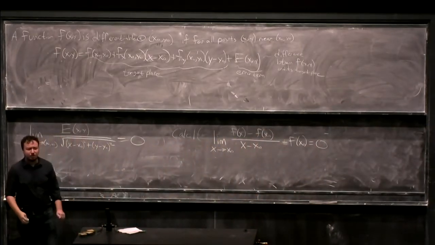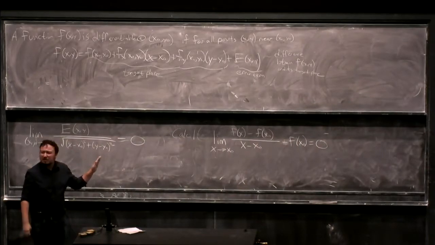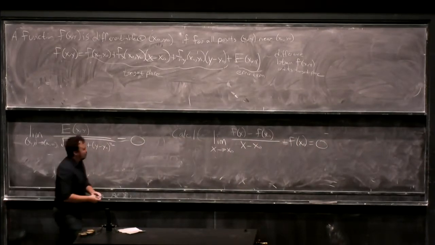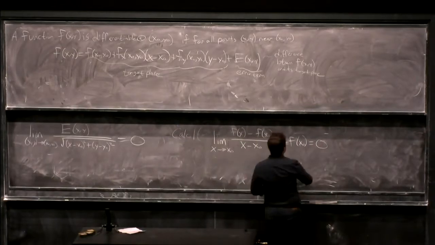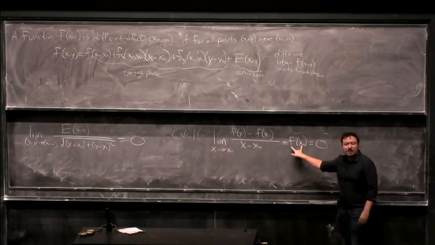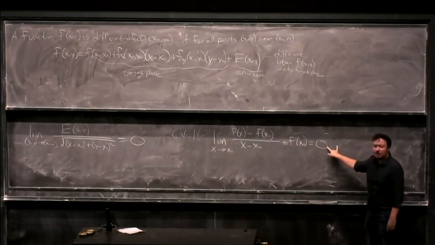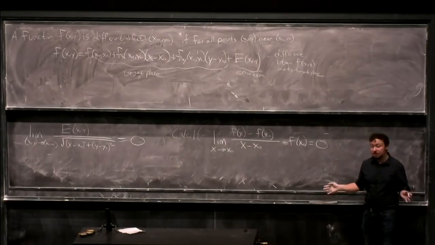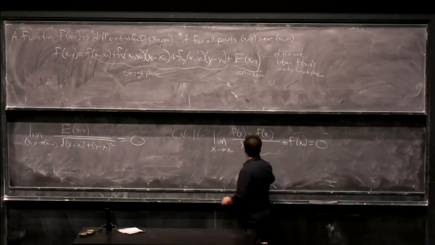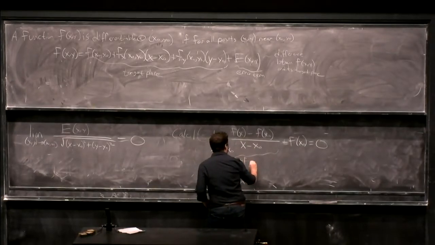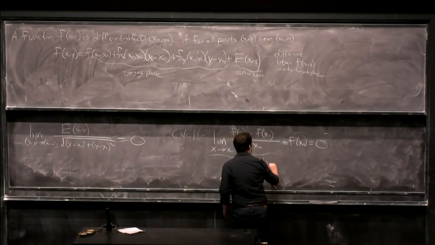That's the Calc 1 version. And you might be like, I've never seen that before either. But what was really happening is if I move this over here, that's just the definition of the derivative. Because this thing right here, this is the definition of the derivative.